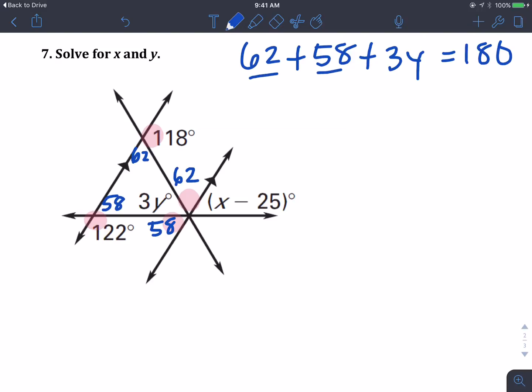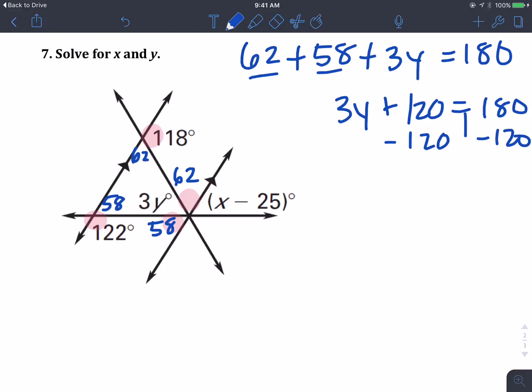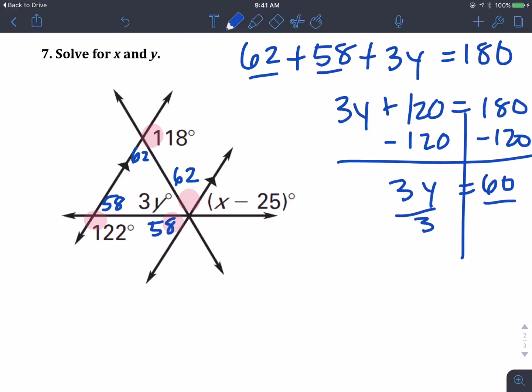But for now, I am going to combine my like terms first. 120 plus 3y equals 180. Subtract that 120. 3y equals 60. Divide by 3. Y equals 20.